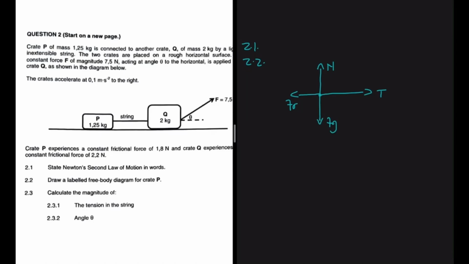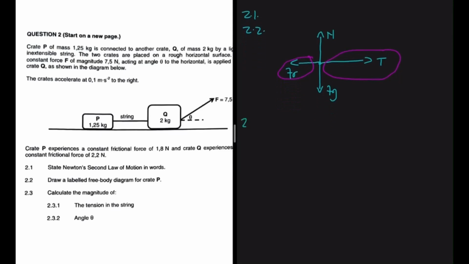I don't know if the examiners are going to penalize you if your Fr is not less than the tension force, but it's supposed to be less than the tension force because they are moving to the right. We know that they're moving to the right because of that acceleration of 0.1.